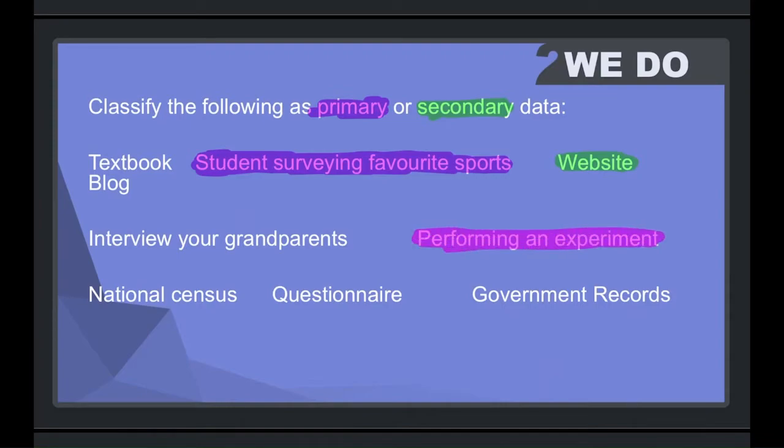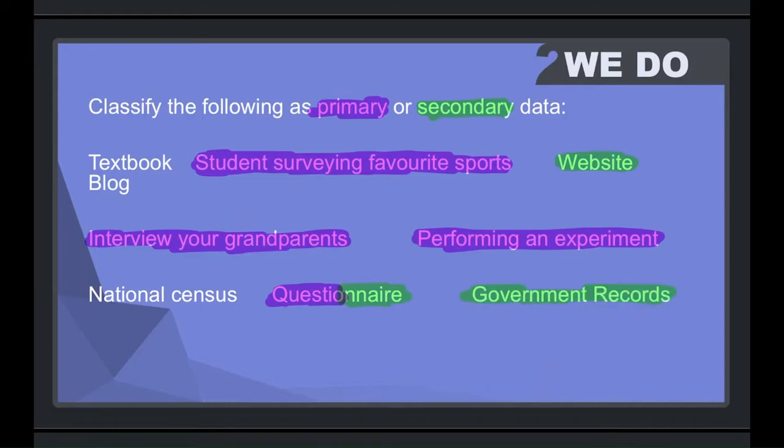So basically the ones that are primary here are just everything that a person is doing by themselves to collect data. Questionnaire could kind of go either way, depending on who is conducting the questionnaire. If it's you conducting a questionnaire, then that's primary. But if you're looking at the results of a questionnaire, for instance, online somewhere, that would be an example of secondary because you didn't actually conduct the questionnaire yourself.